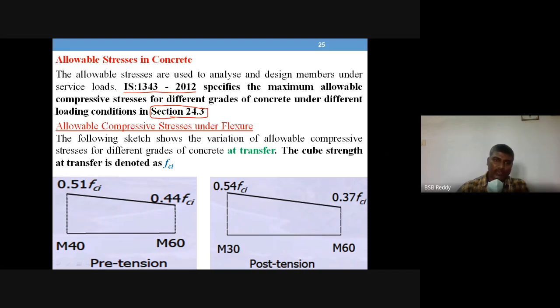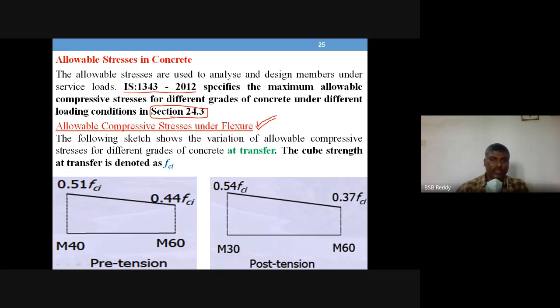Right, now you can open this clause 24.3 of IS code and see that you find these diagrams. What are they? How will we be using them? I'll be telling you now. Okay. So you can see what is this diagram given below.